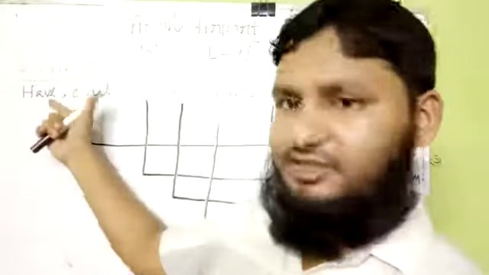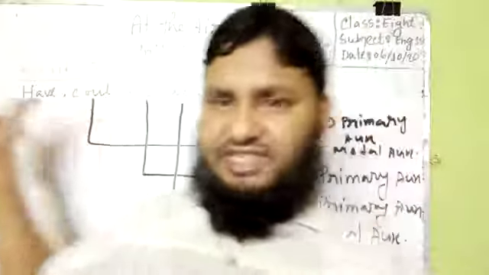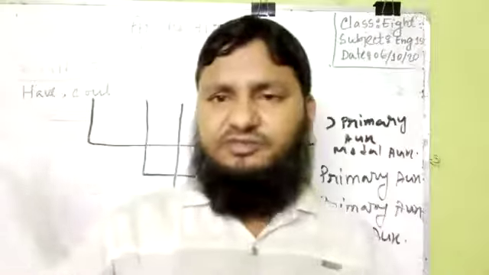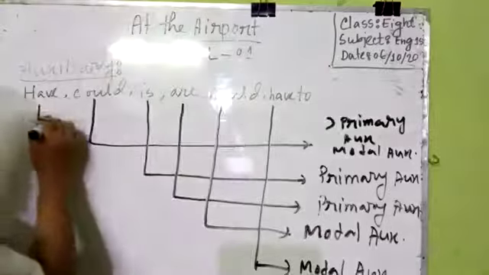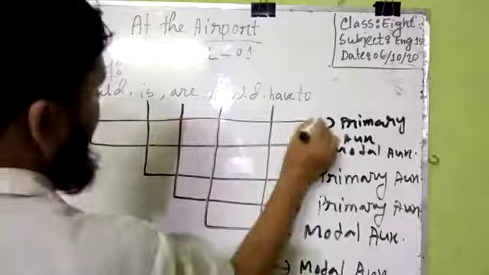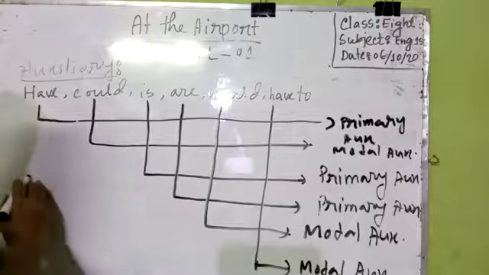My dear young learners, from these words we get another idea of grammar. You can see here that have is a verb and it is present form.